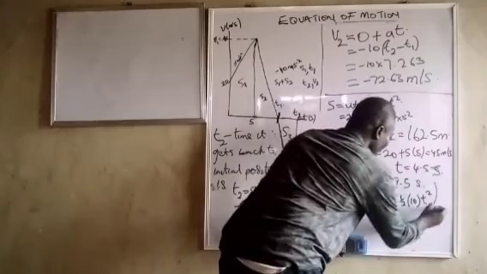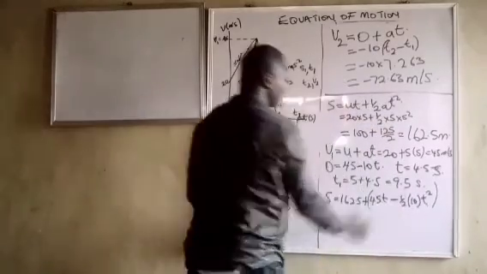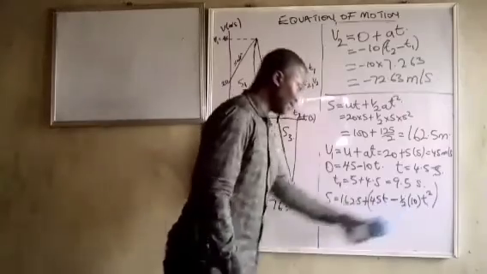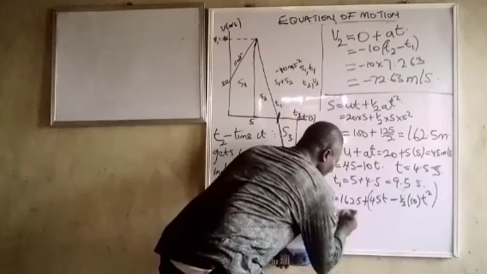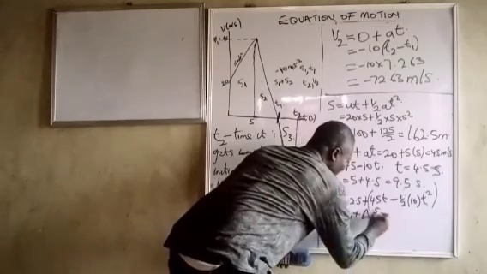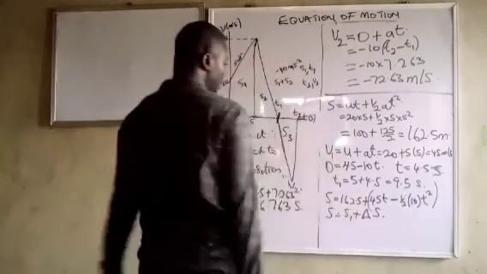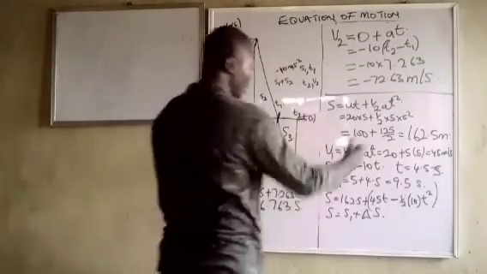Please, this one represents change in distance. That is change in distance. So s is s1 plus delta s. That is what it means.